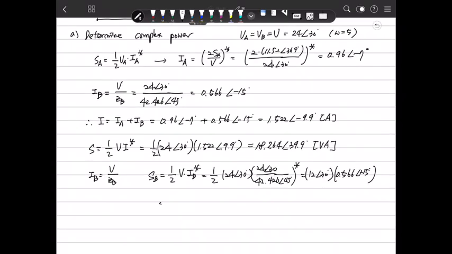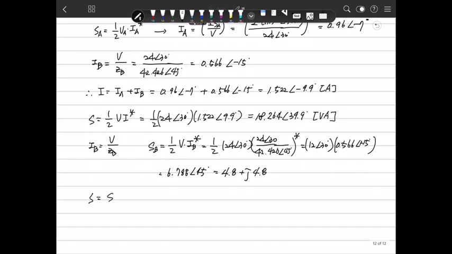So the calculated value is 6.788. The phase angle is 45 degrees. Therefore, it could be 4.8 plus j4.8.